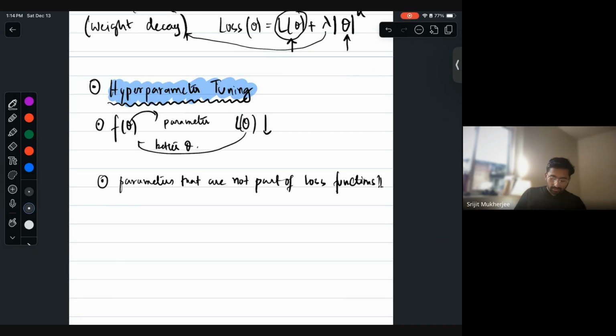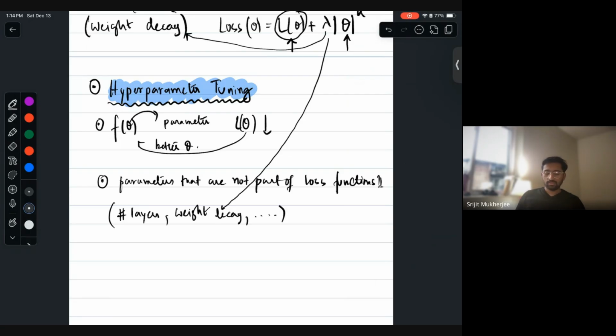For example, the number of layers. That's a hyperparameter, right? Then this weight decay: how much weight to put on this? There are many others.